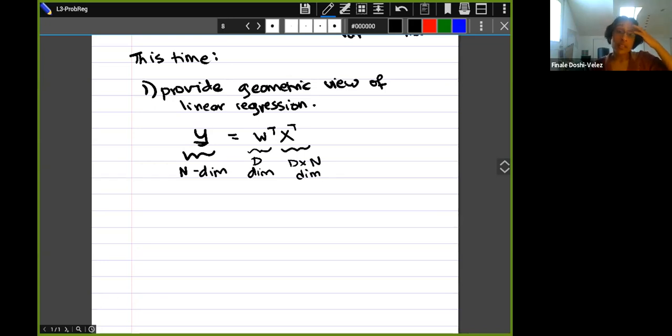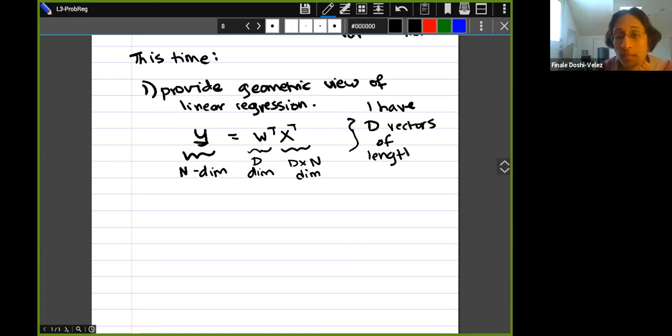So if I look at this, one way that I can look at this, just from a purely linear algebra perspective, is that I have d vectors of length n. This is a little weird, but I have d vectors in this X matrix over here that are of length n.